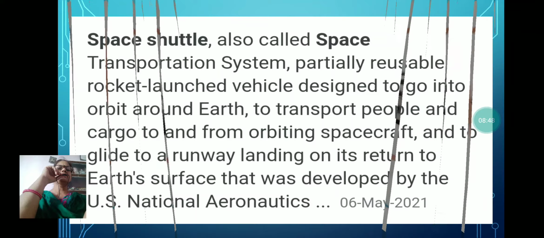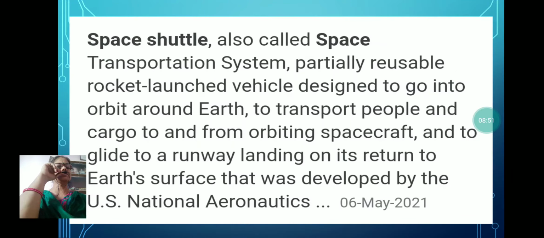Space shuttle. It is also called space transportation system.